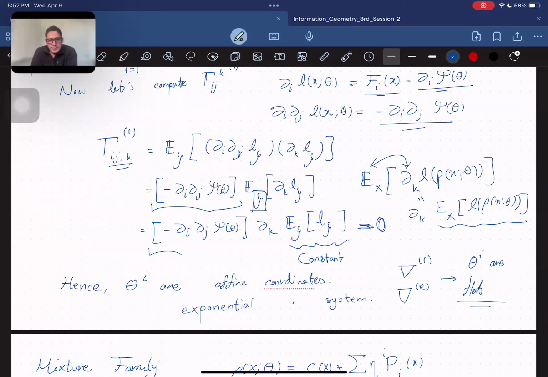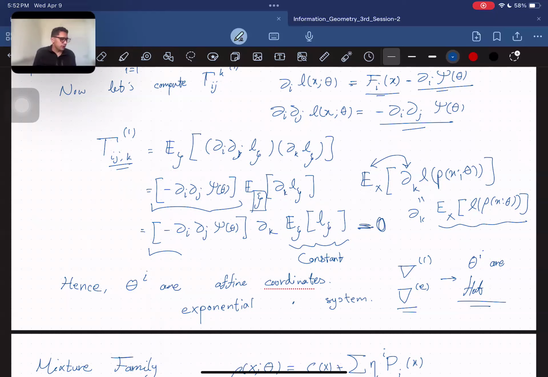And hence, if you want to find the geodesics that this connection induces on our geometry, you only need to look at the lines when they are expressed as the linear combination of theta i's. Okay. Just to have some computation as well, I would also like to show you what these theta i's are.